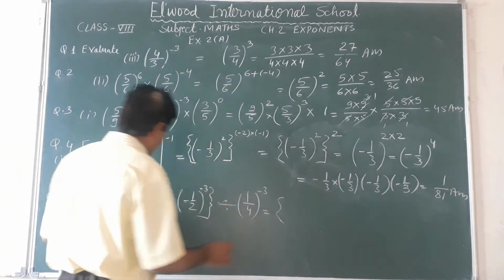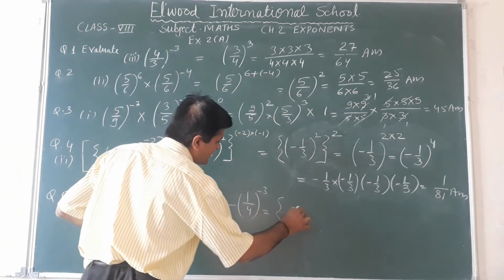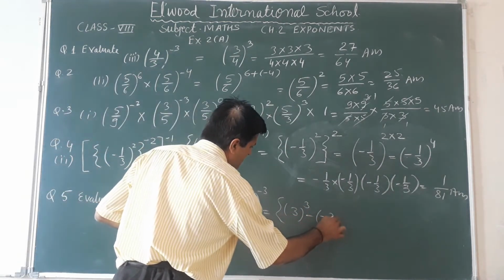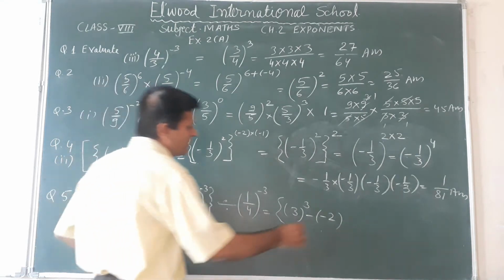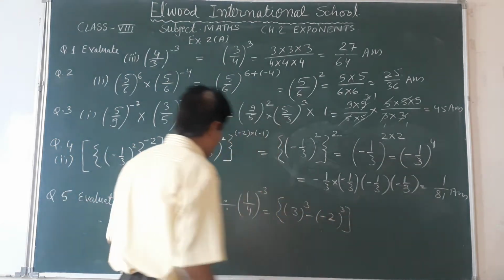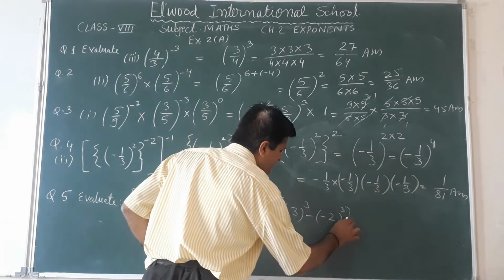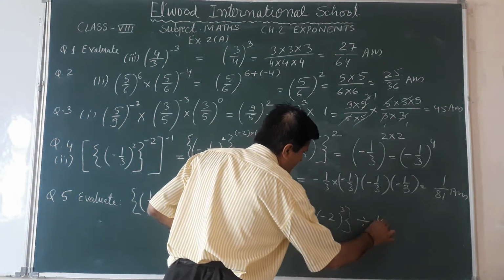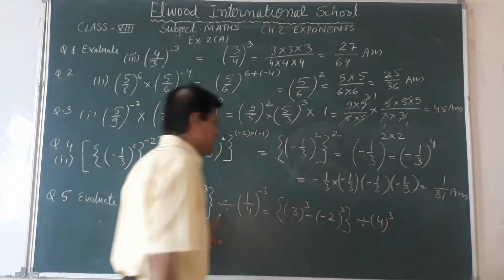So it will be 3 raised to power plus 3 and minus 2 raised to power plus 3 and divided by 4 raised to power plus 3.